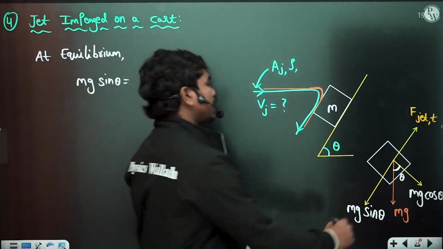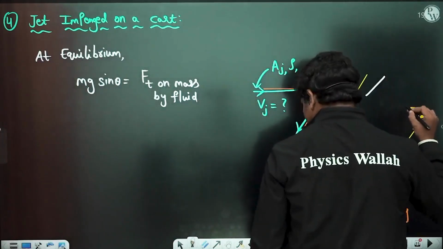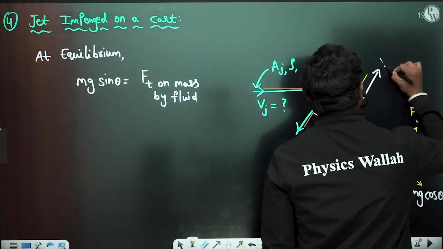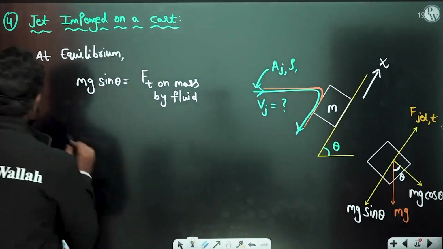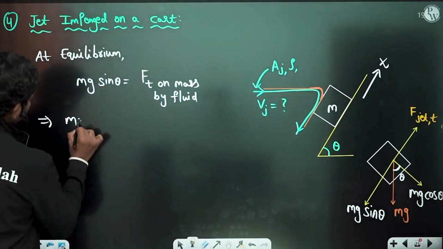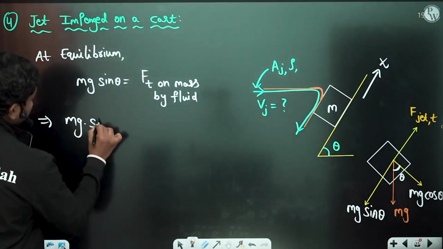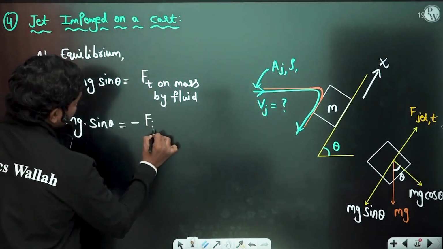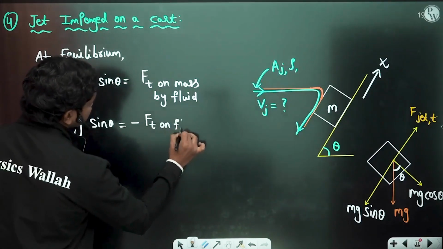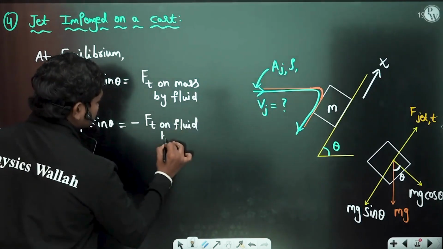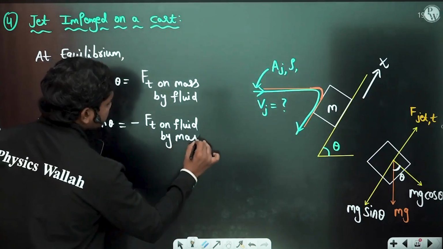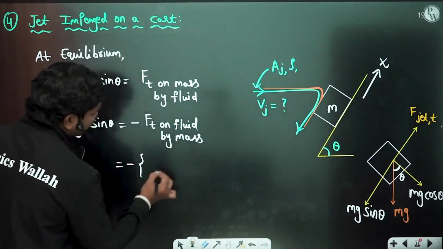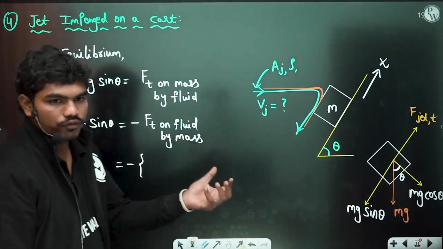So let us suppose tangential, if you take in the positive direction like this, so this equation implies mg sin theta is equal to minus Ft on fluid by mass. Correct? So this is equal to minus of, now net force acting on the fluid.